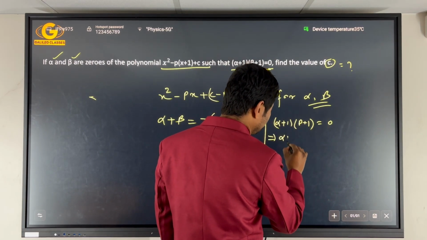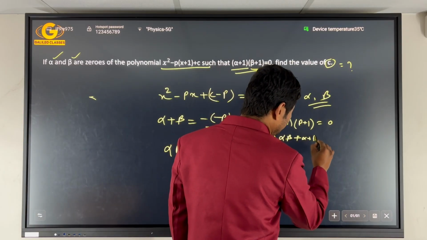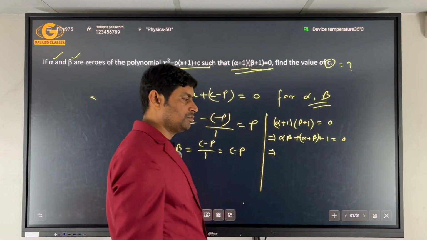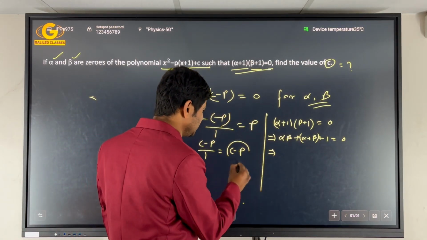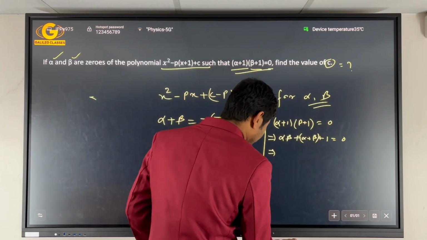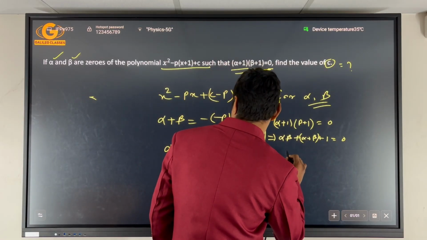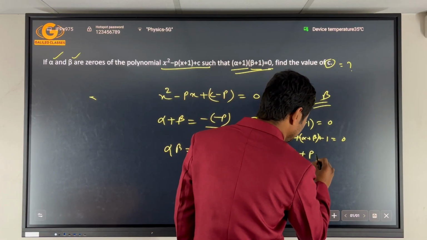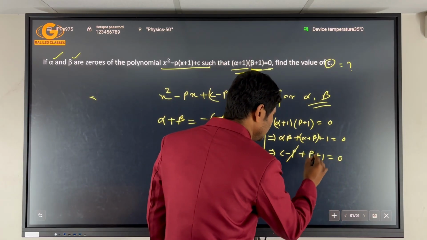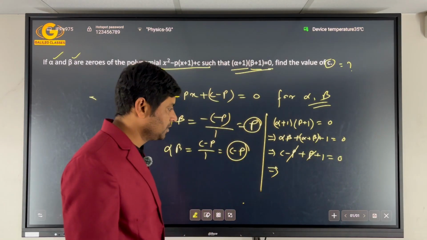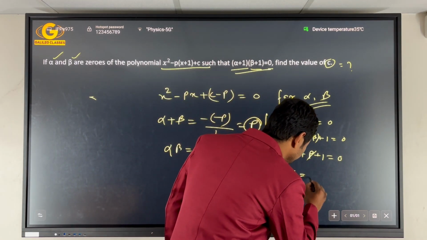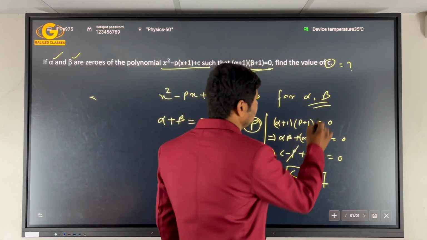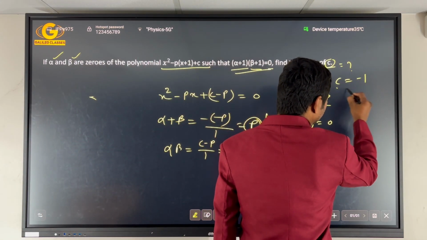Therefore, multiplying this, alpha into beta plus alpha plus beta plus 1 is equal to 0. Putting the value of alpha into beta and alpha plus beta, it will be c minus p plus p plus 1 is equal to 0. Cancel plus p minus p, and the value of c will be minus 1. Therefore, the right answer for the value of c is equal to minus 1.